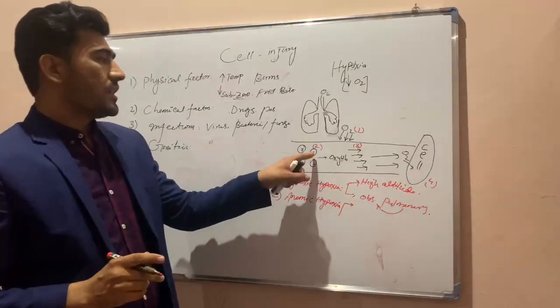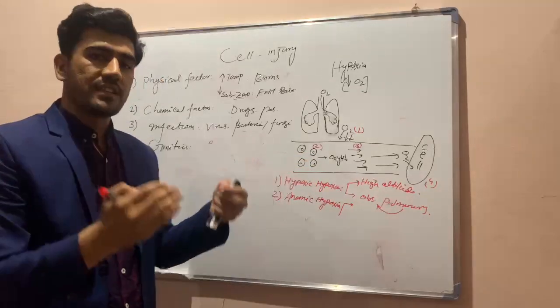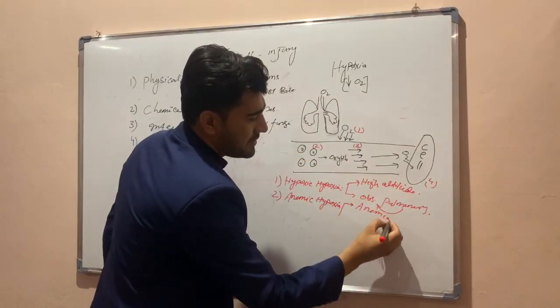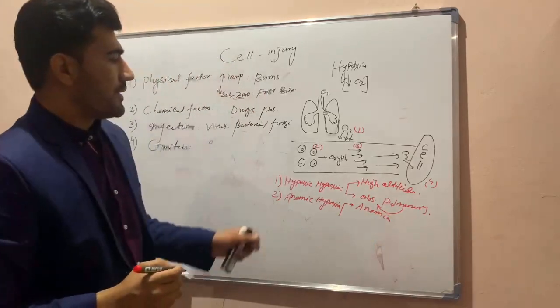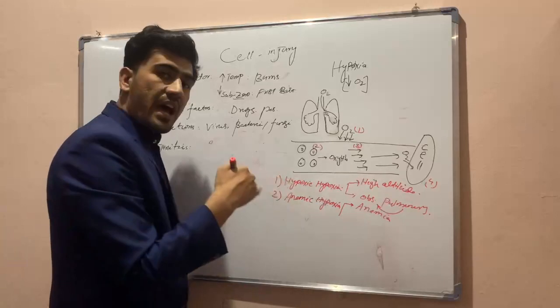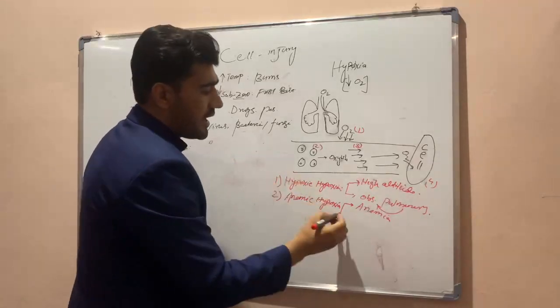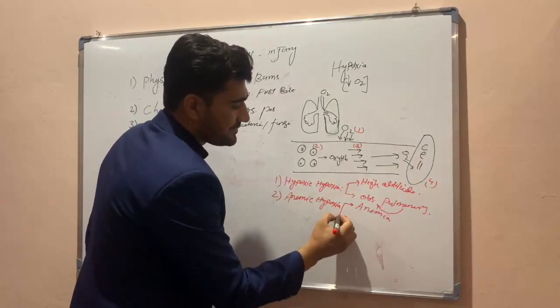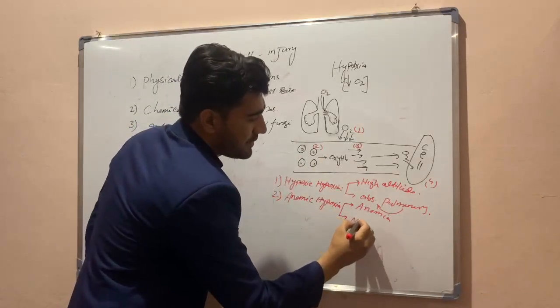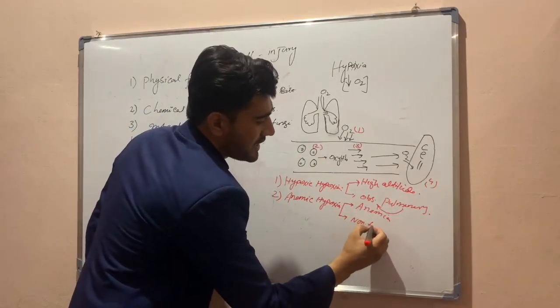Either the hemoglobin level is decreased, which is called anemia. Or the hemoglobin level is normal, but it is non-functional, and this condition is called non-functional hemoglobin.